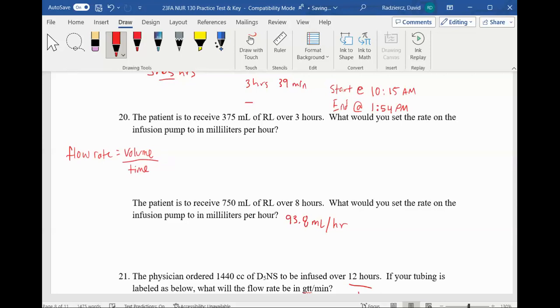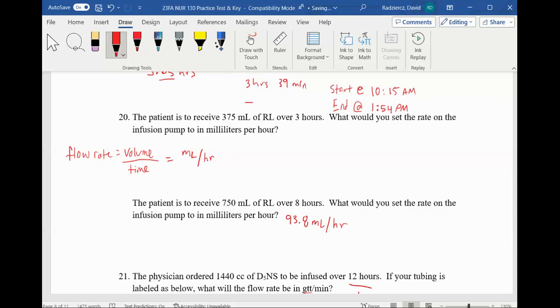It's very similar to driving your car, miles per hour. It's just some sort of measurement, in this instance volume, over some period of time. The standard flow rate is going to be milliliters per hour. And you'll see that a lot. A lot of times your questions will even say, calculate the flow rate in milliliters per hour.